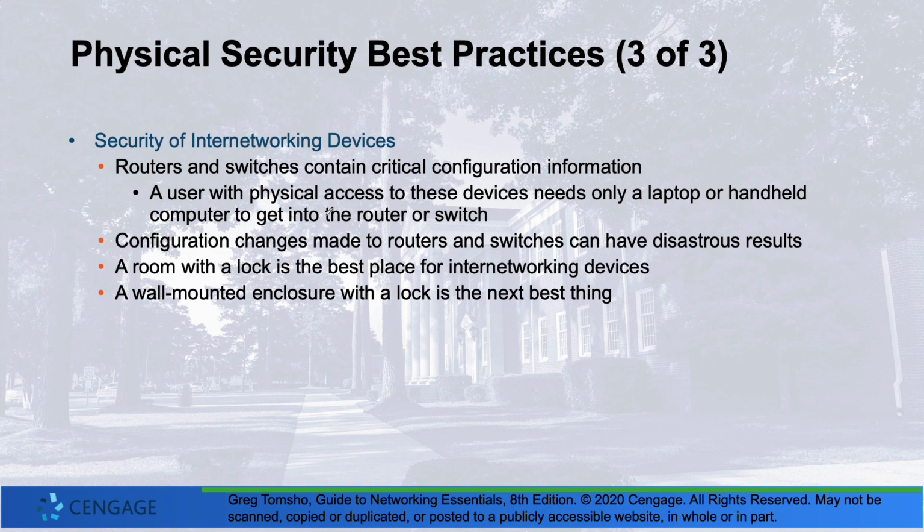A room with a lock is a best practice for switches, having an equipment room on every floor of the building. A wall-mounted enclosure with a lock is the next best thing. If you go into labs inside of the college, you'll see there are wall-mounted enclosures on the walls for routers and switches, and you can get those at hardware stores like Lowe's.